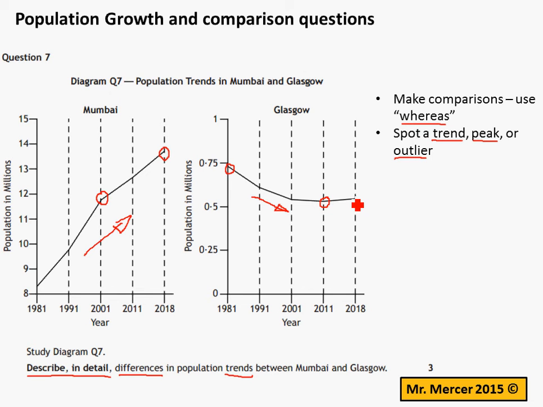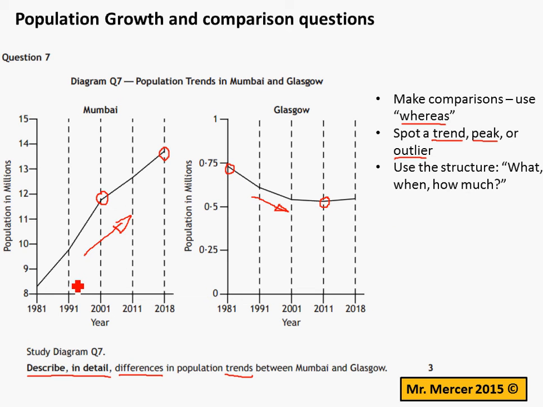So how would we put this into sentences? Use the structure what, when, and how much. Let's deal with Mumbai. What am I describing? Well, I'm describing the trend of population. So I would say Mumbai's population is rising. When is it rising?